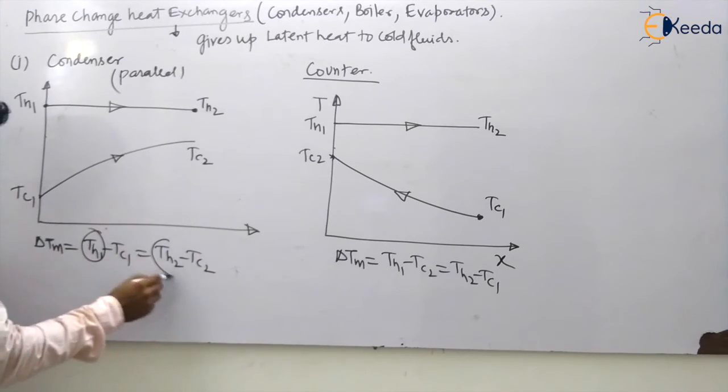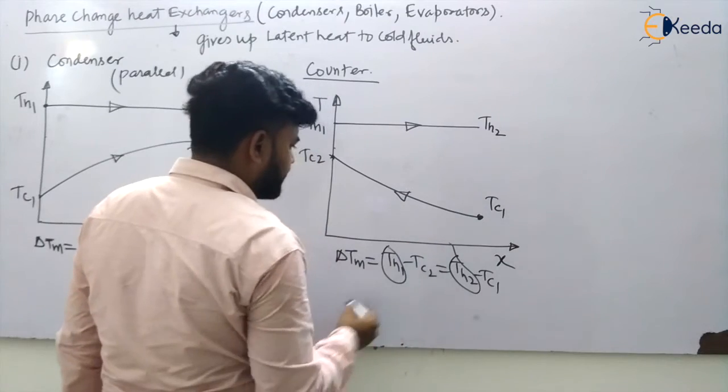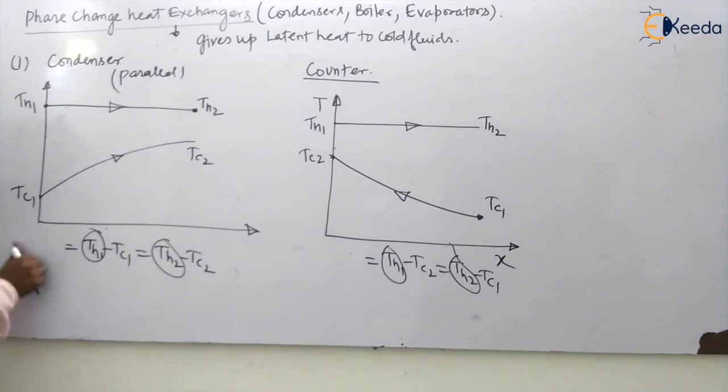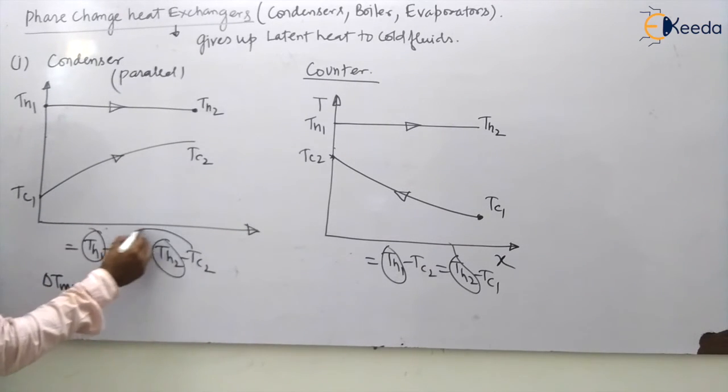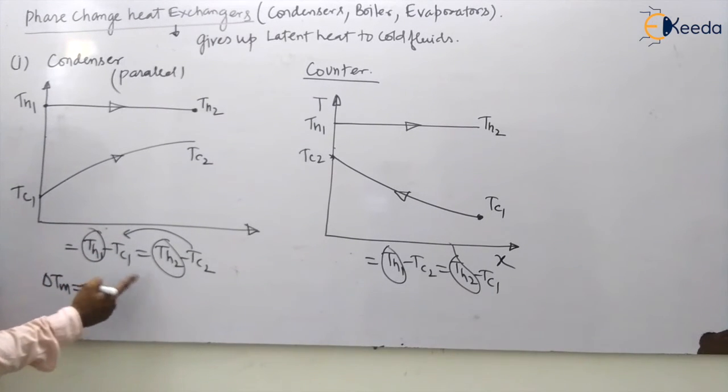These both are similar. So what will you do? If these both are similar, let us change them. So delta Tm will become equal to... I am taking TC2 this side, and I am taking TH1 this side. So this will become what?